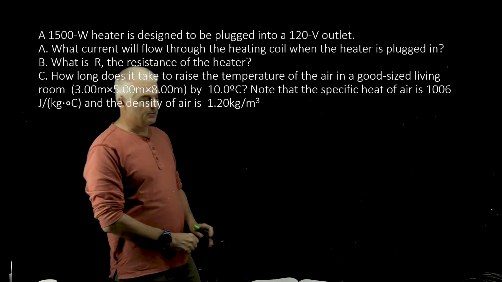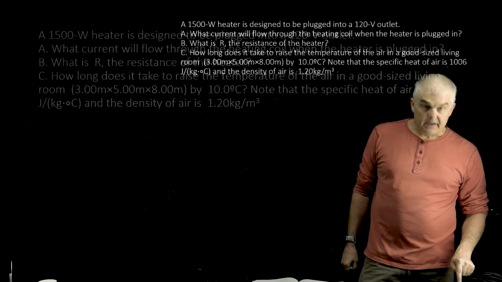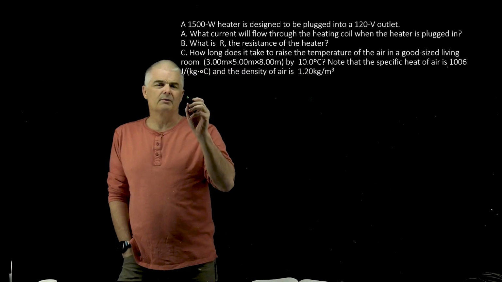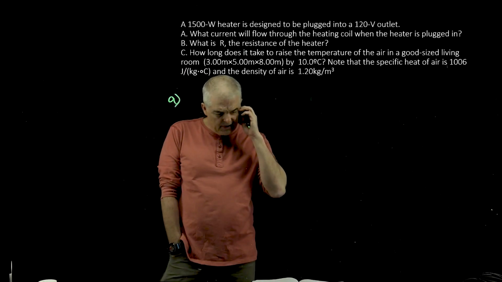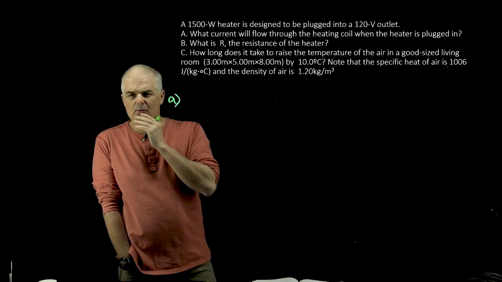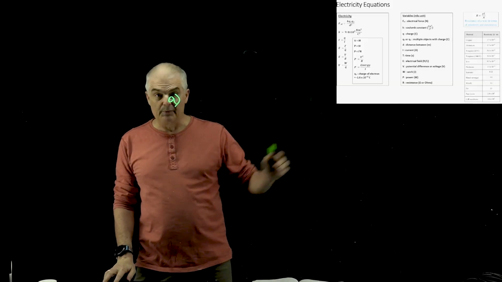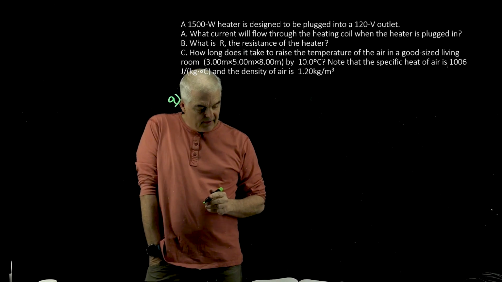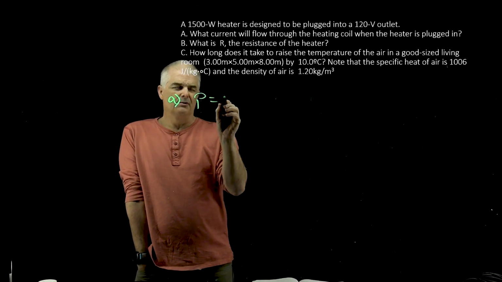And here's the example problem. We have a 1500 watt heater, and it's plugged into a 120 volt outlet. We've got three parts, part A, part B, and part C. In part A, it asks what is the current? If you remember back to our equation sheet, the equation I'm going to use for this first one is just P equals IV.